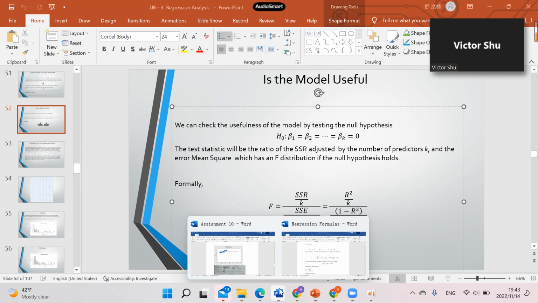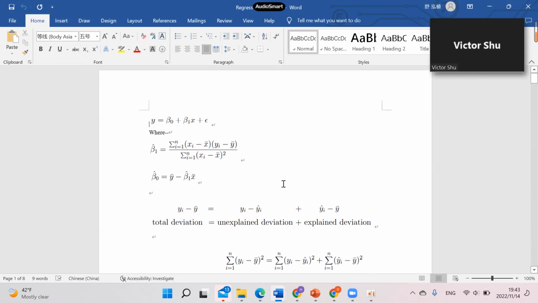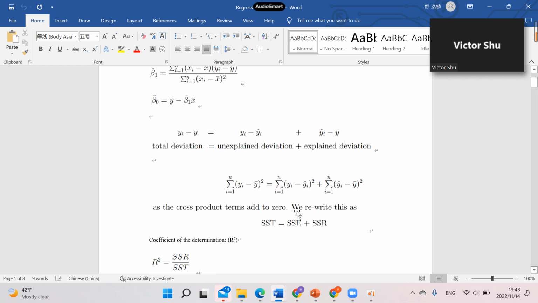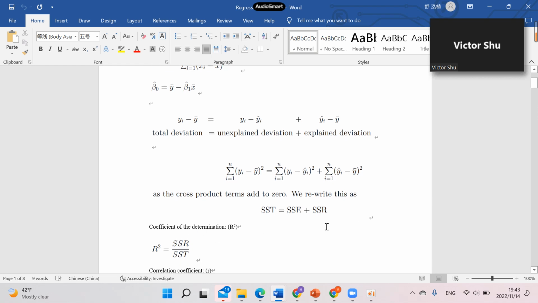The SSR and SSE are in the formula sheet I prepared last week. You know what SSE and SSR are. By the way, those are also related to R square, right? You have this magical formula: the total sum of squares equals the regression sum of squares plus the error sum of squares.